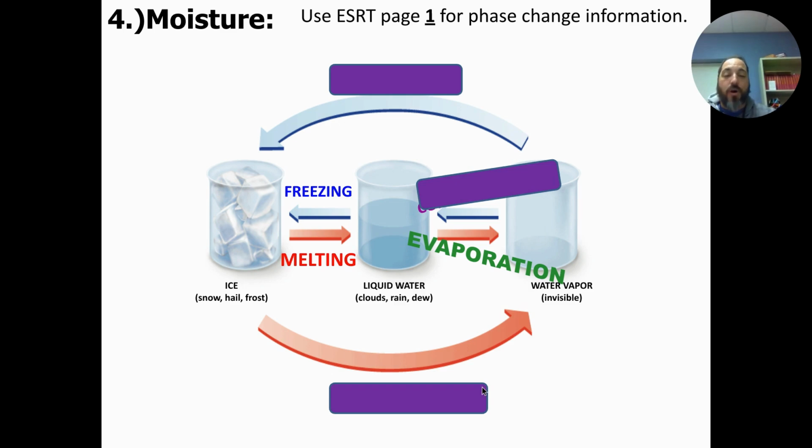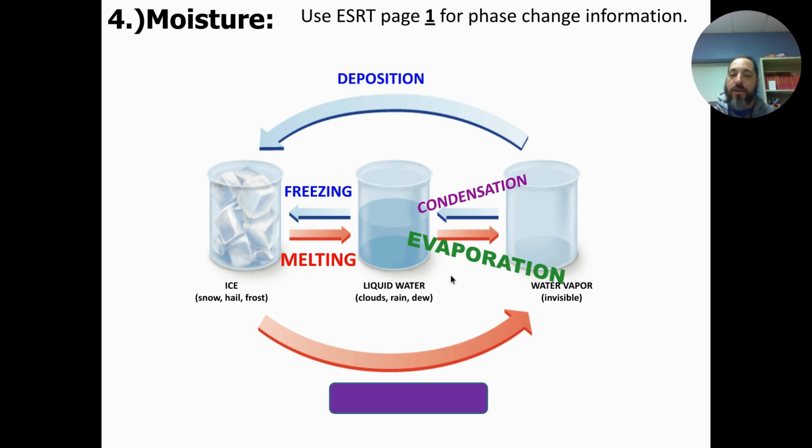Evaporation, that's liquid water evaporating into water vapor, which is invisible. We cannot see it. The opposite of that is going to be condensation, when we cool down water vapor and turn it back into liquid. You can see, if you look at these arrows, it tells you what's happening to the temperature. So melting, obviously, we're going to be adding heat to melt. And in cooling, in freezing, we're going to be taking away heat. We're going to be cooling it down to go from liquid to solid.